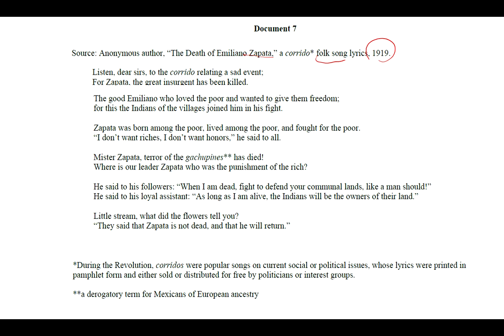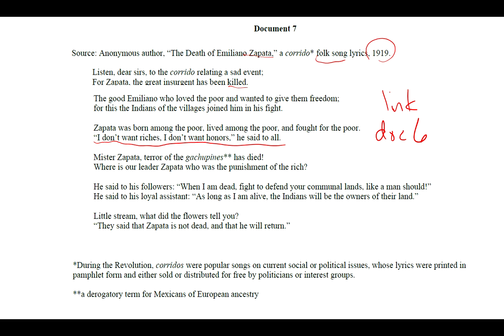All right, hit pause and read it. Zapata was poor, lived among the poor. He says, I don't want riches, I don't want honors. Okay, so again, just like with document 6, he's anti-wealth. He sings for the people. So I'm going to link this to document 6.